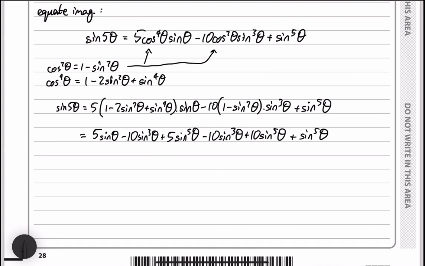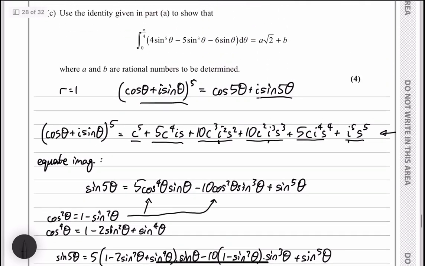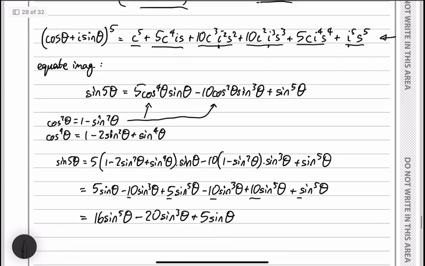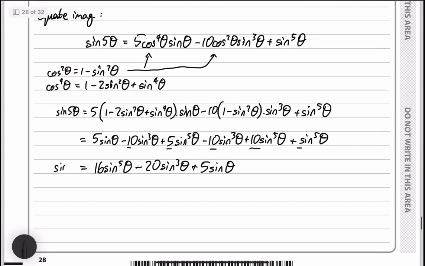So we've got 10, 11, 16 of these, and then minus 10, that's minus 20 of these, and 5 sine thetas. So we've got 16 minus 25. Yes. Great. That's part A finished.